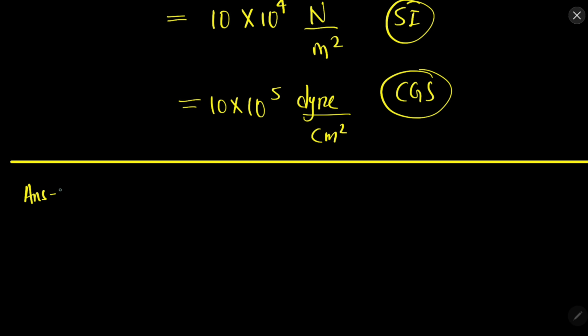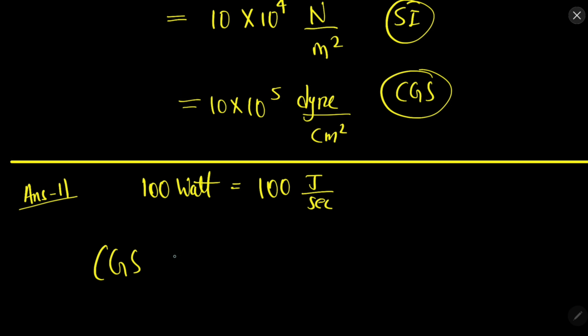So solution for question number 11. 100 watt is given. So we know that watt means joules per second. So in CGS unit what we need to convert to is erg per second. So 1 joule is equal to 10 to the power 7 erg.